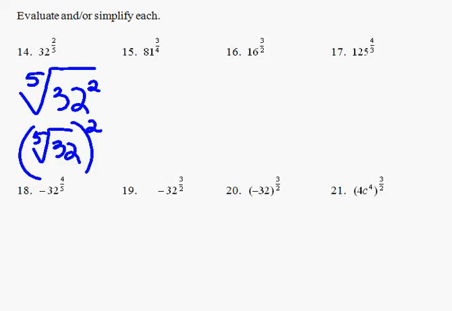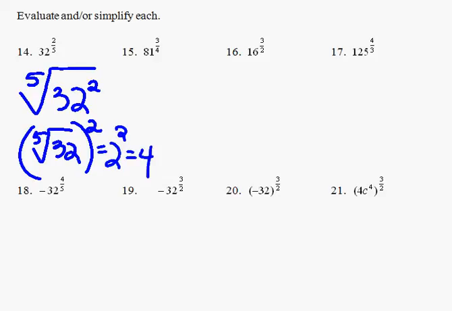Although if you're using your calculator, it's probably about the same difficulty level. So the 5th root of 32 is 2. So that's 2 squared, which is 4. The 5th root of 32 squared is 4.